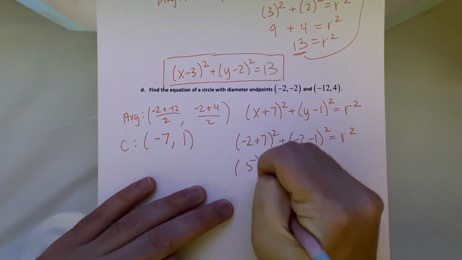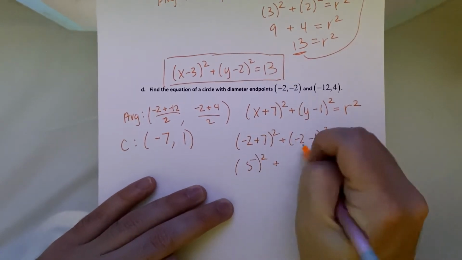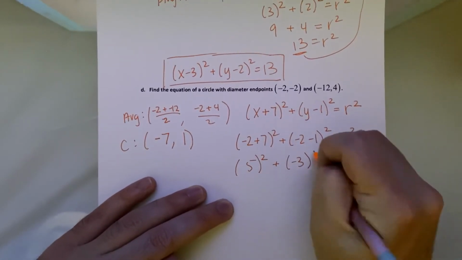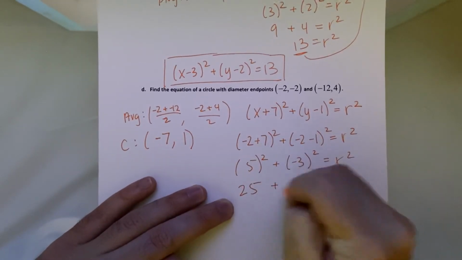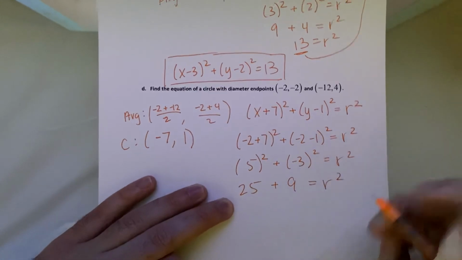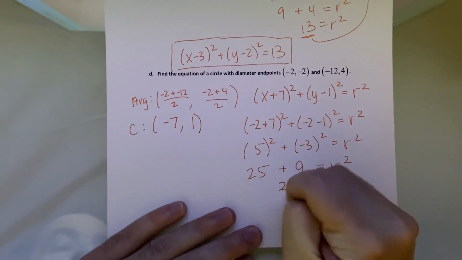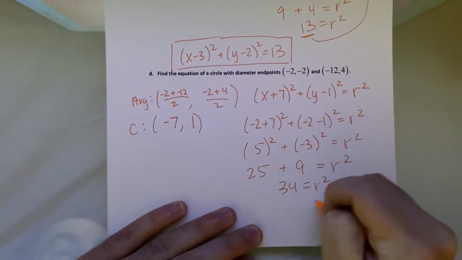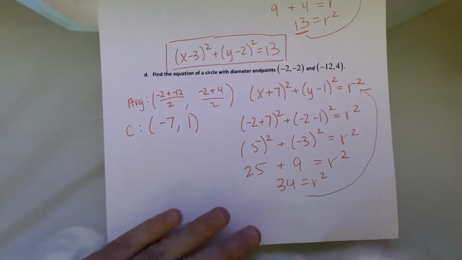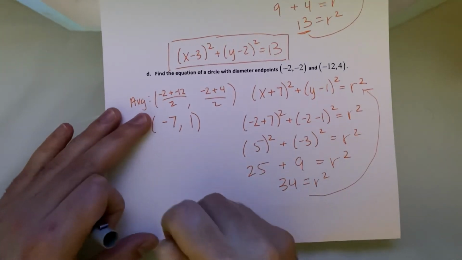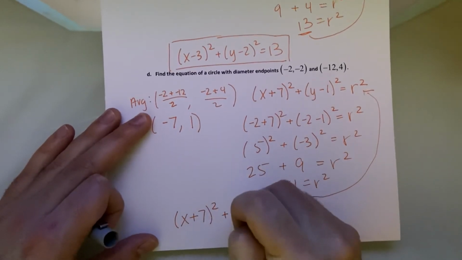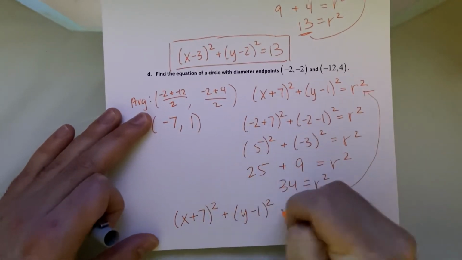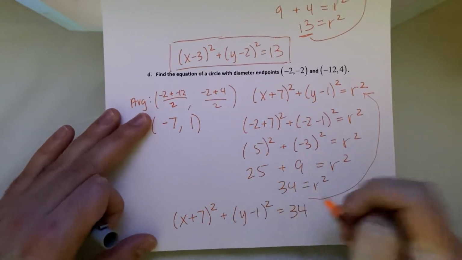That's 5 squared plus negative 3 squared equals r squared. 25 plus 9 equals r squared, means 34 is r squared. And again, that goes back up into my original. So my total equation for my circle is x plus 7 squared plus y minus 1 squared equals 34.